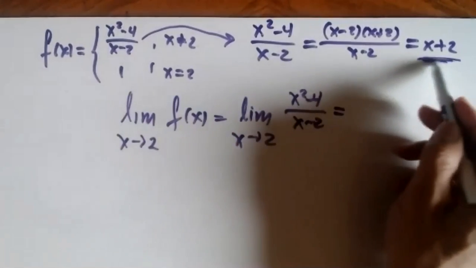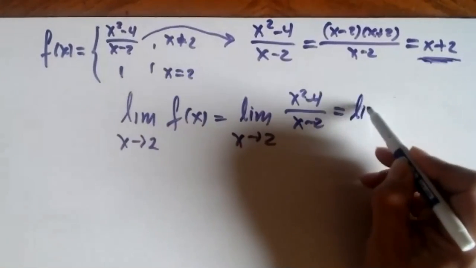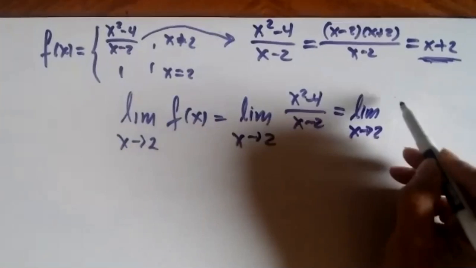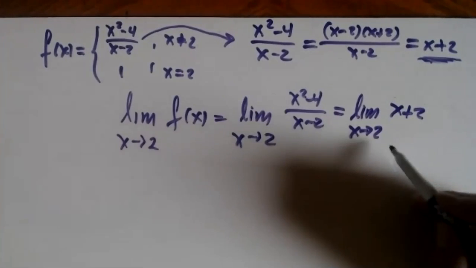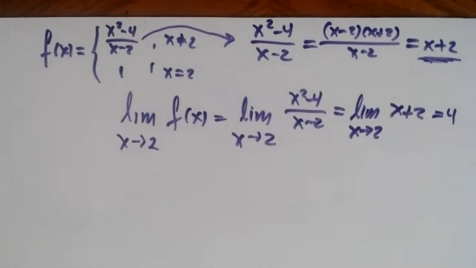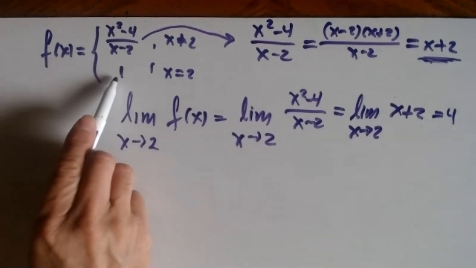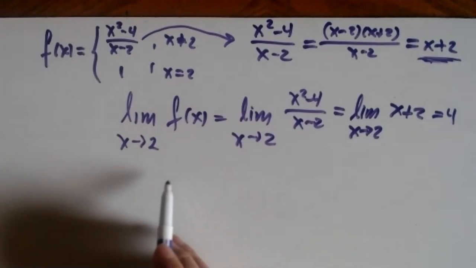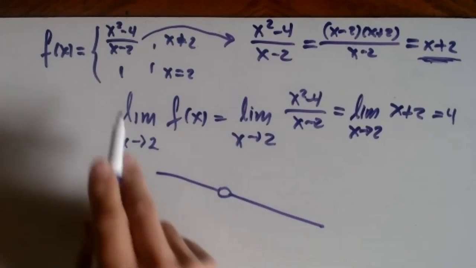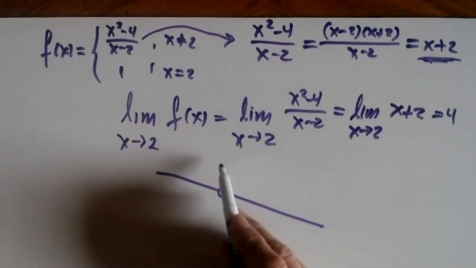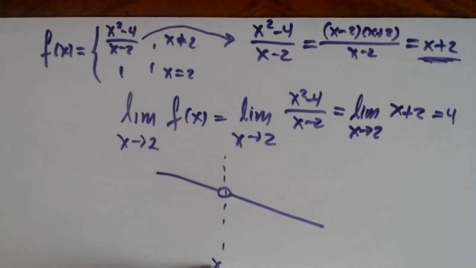And according to this, we found this is the limit of x plus 2. Now, what is that limit? 4. Well, you put a 2 here, that's a 4. So this is the point. This is 1 and this is 4. So my graph goes here at 4. And this point in x equals 2, this is x equals 2, correct? This is right here. So this is the situation we have.